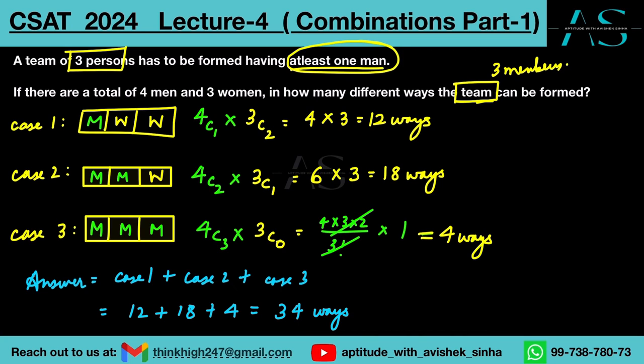So in 34 ways, we can form a team which will always comprise 3 members, and the necessary condition, that is, each team will necessarily have at least 1 man. So the condition is also fulfilled, and we see we are getting a total of 34 such selections.